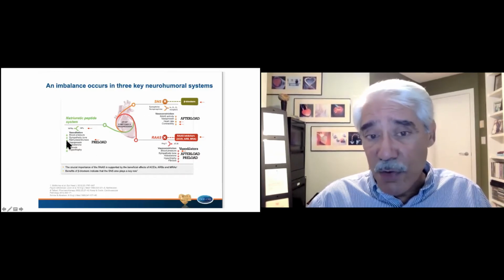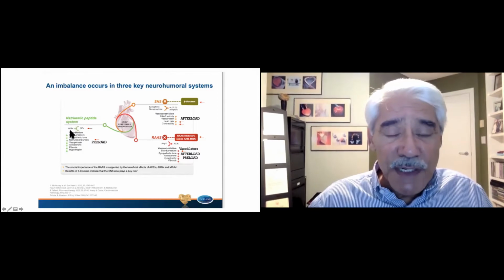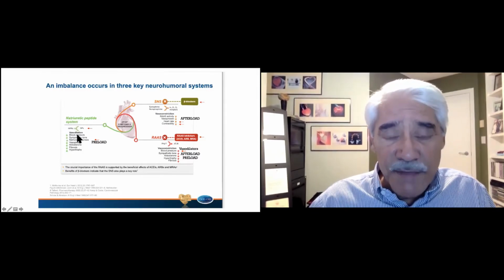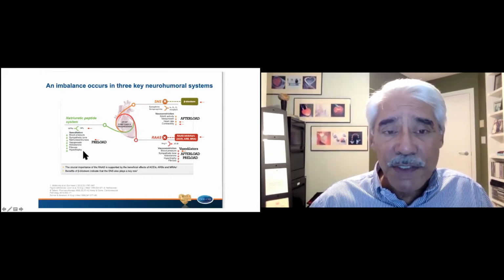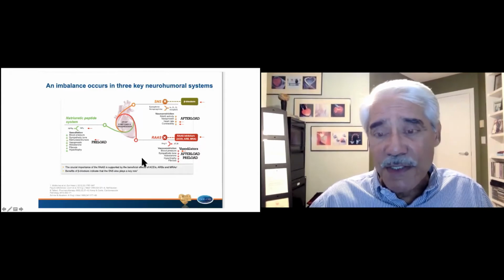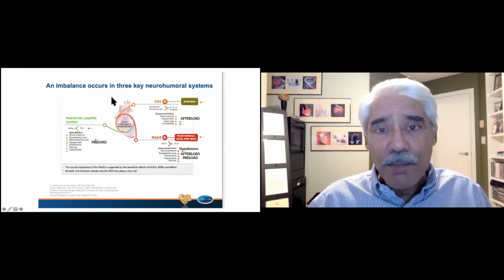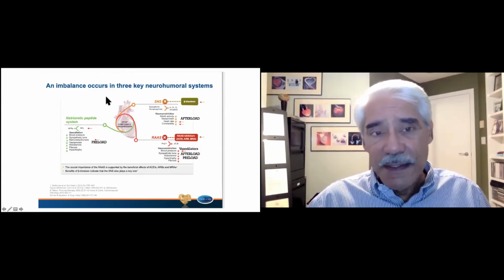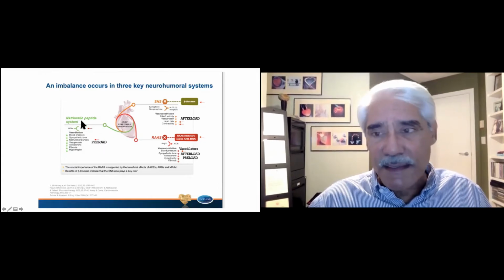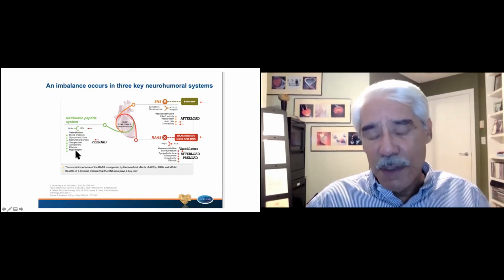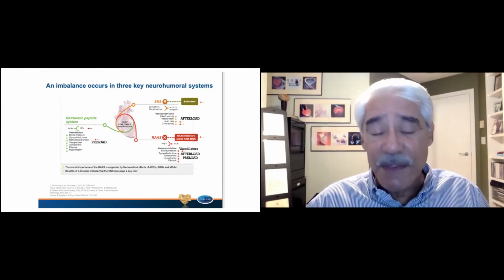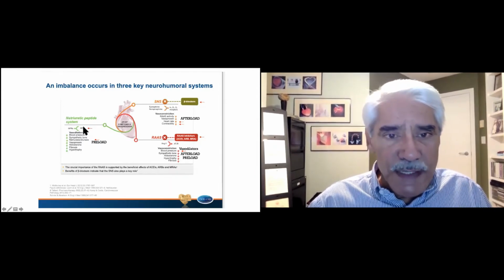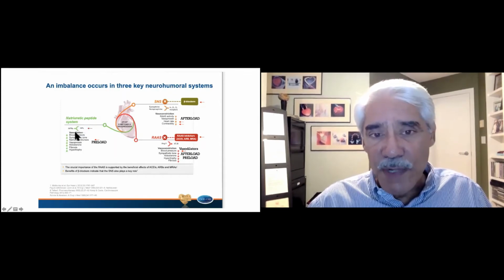They are opposite to each other. So the natriuretic peptides bring vasodilatation, natriuresis, release the extra fluid, and decrease aldosterone production, essentially the opposite of the RAS system. The problem in heart failure is that this counterbalancing system is also not functioning the right way, and it is essentially attenuated because of the increase in what is called neprilysin.